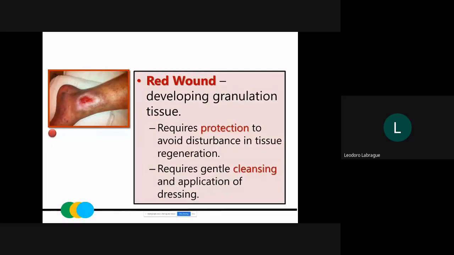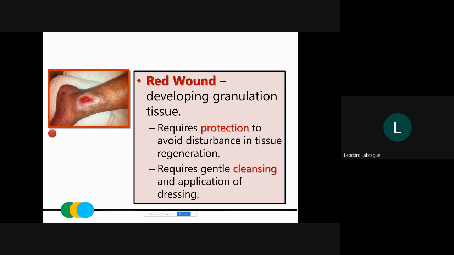Number 1, it requires protection to avoid disturbance in tissue regeneration. Since the red wound is healing, our goal here is what? Make sure to protect the wound. Why? Because it is healing. It is recovering. And what specific nursing intervention can you do?